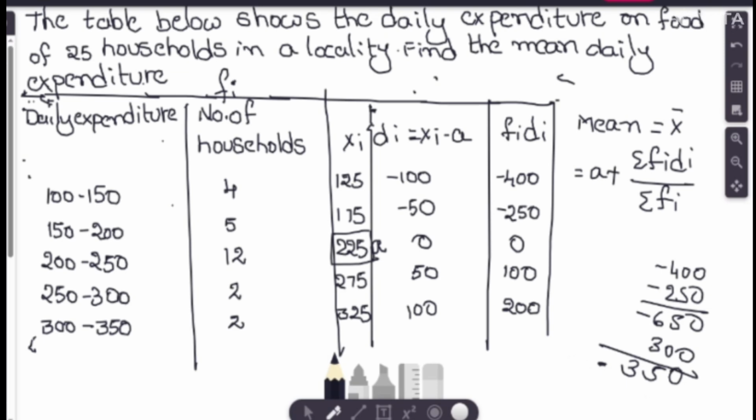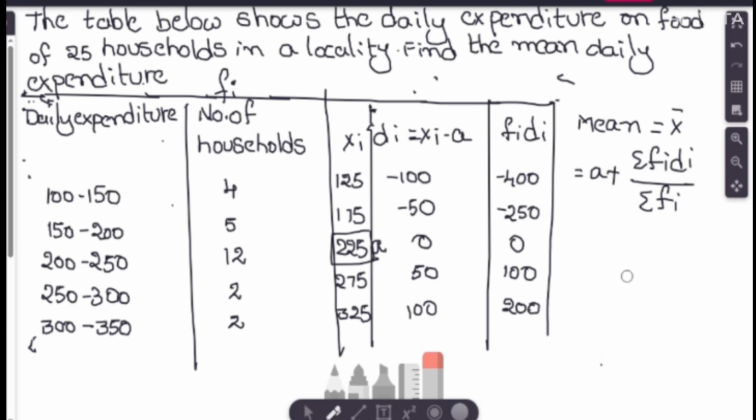So in this way you have to do the rough work. Next, sigma fi di we got minus 350, that we have to substitute. We have to find sigma fi. In the previous problem for the same data we already got sigma fi, that is 25. So write sigma fi di is equal to minus 350, and sigma fi is equal to 25. Substitute in the formula.